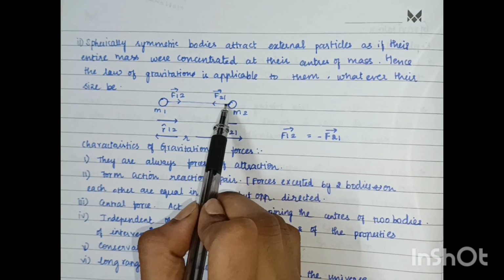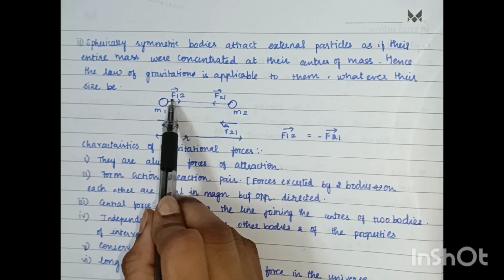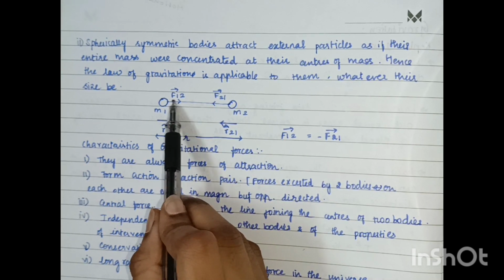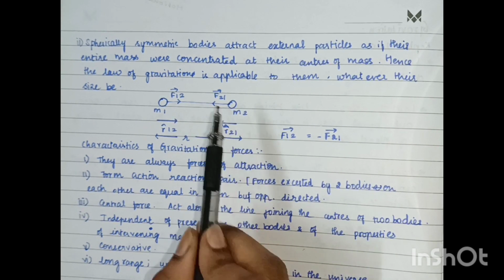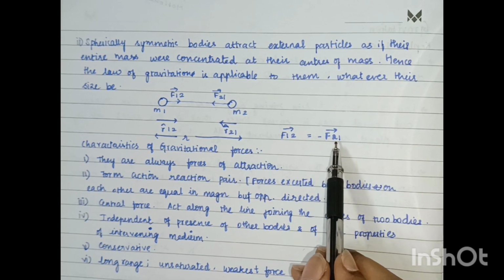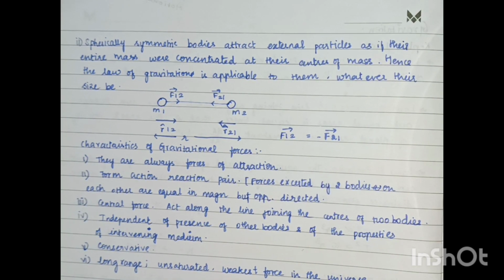They are equal and oppositely directed, that is, their magnitude is the same but their direction is different. That is why we represent it as F12 equals minus F21, that is, we are saying their directions are different.